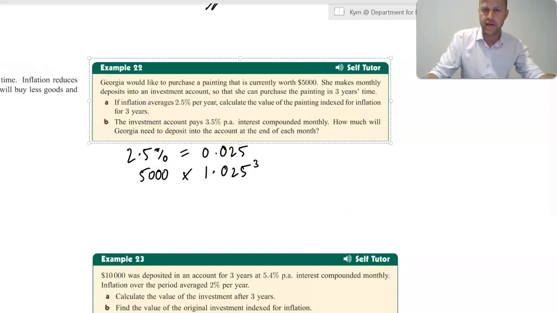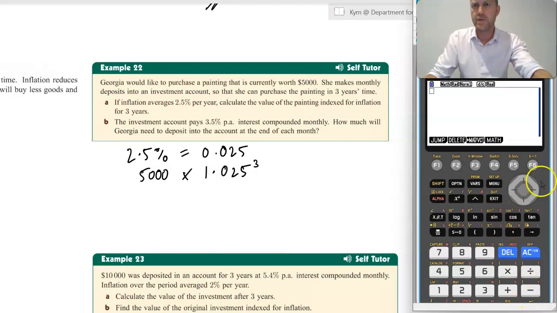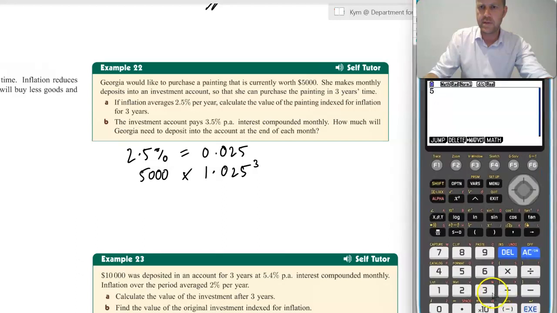So on your graphics calculator, just within the run function, you can do this one, guys. Head in and do that calculation, which in this case is 5,000 times 1.025 raised to the power of 3.